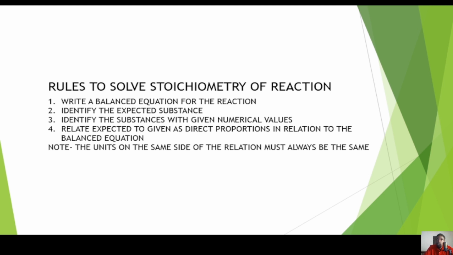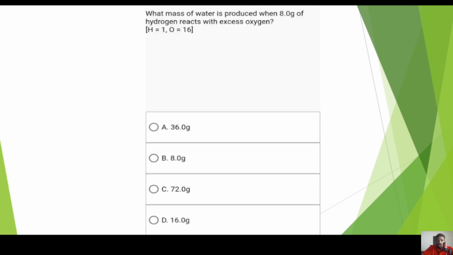So if on one side you have gram, and on the other side you have gram, mole, it's important you convert it. When we get to solve questions, you probably understand better. Now let's solve this question to understand these rules. I'm going to have to reduce this so that we can still see what we are doing, while we use our board.